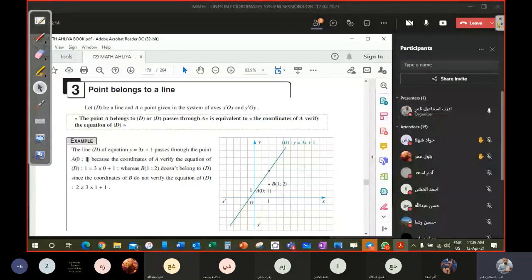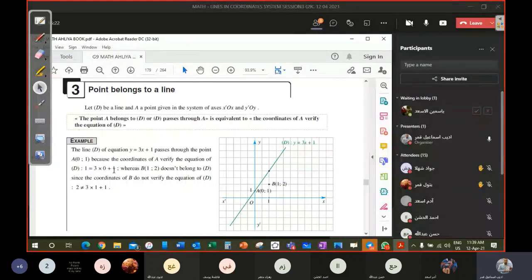Then point A belongs to D, whereas B of coordinates (1, 2) doesn't belong to D. Why? Because when we put 1 instead of x and 2 instead of y, we get 2 equals 4, which is false. 2 does not equal 4, then B does not belong to the line D, or D doesn't pass through the point B.